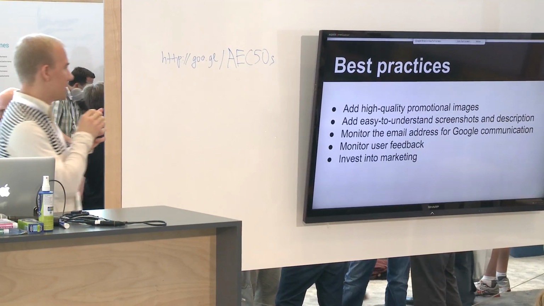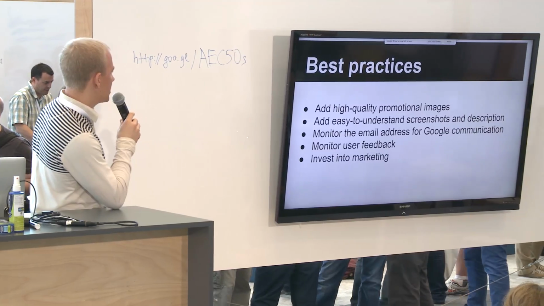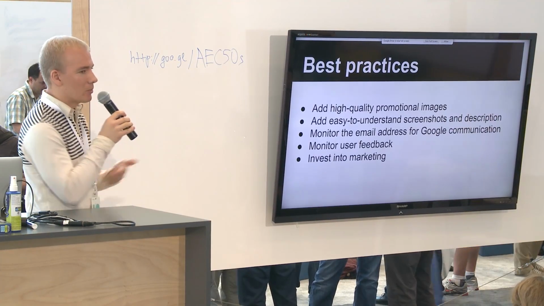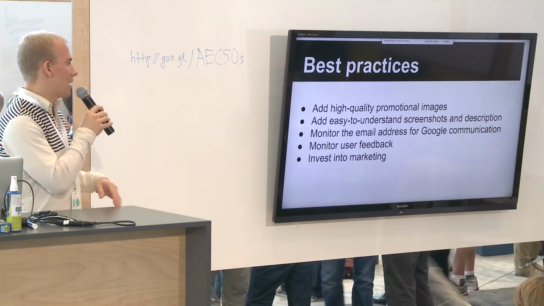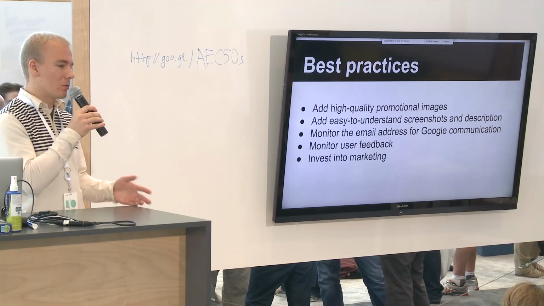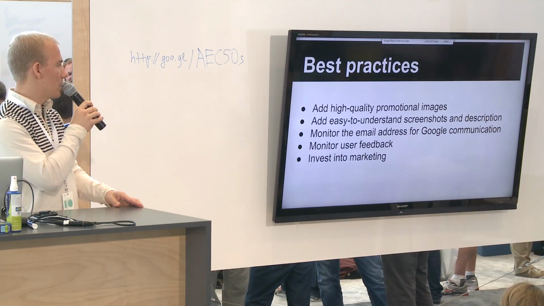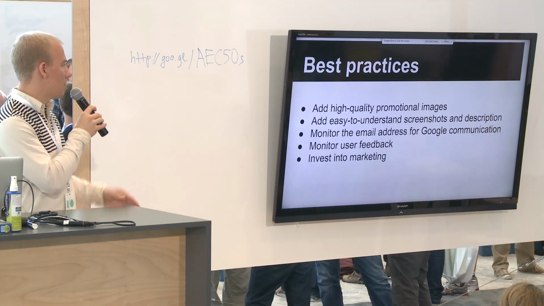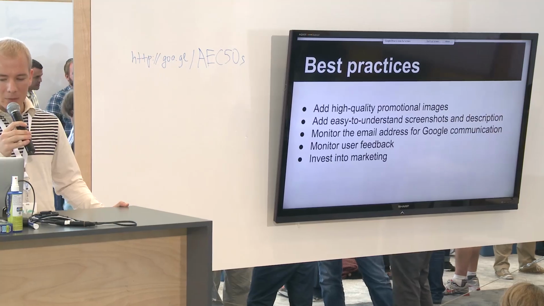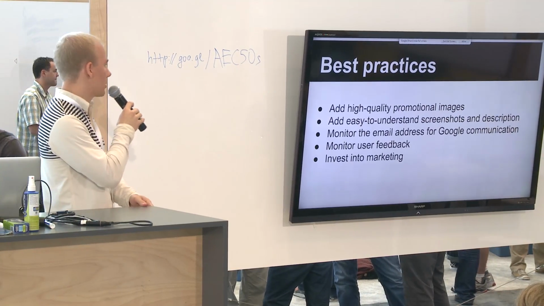So just to summarize the tips that I've already mentioned, adding high-quality promotional images is a good thing. Having good screenshots and detailed descriptions is also valuable, helps users to make their decision. It's important to monitor the email address that you use to publish your apps, because Google will use it in case something is wrong.